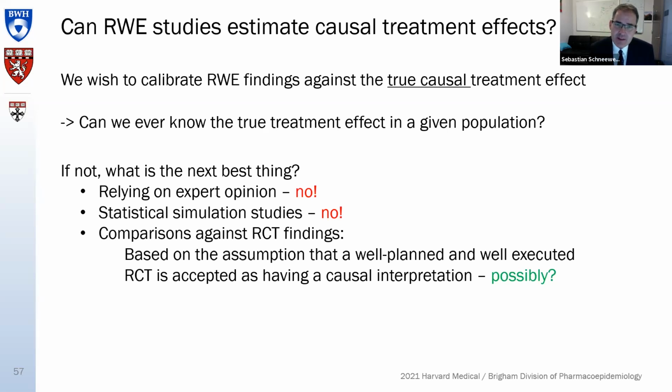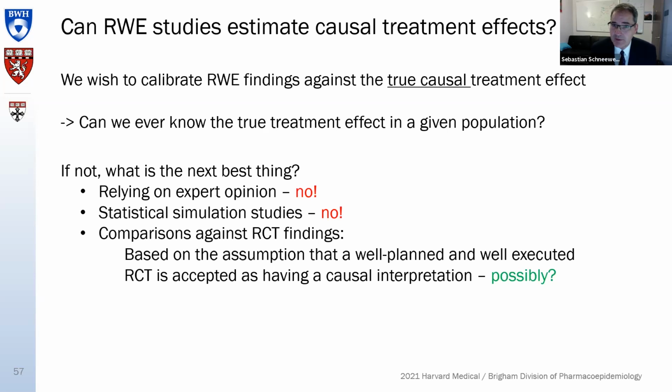So the next best thing might just be that we compare against randomized controlled trials, assuming that a well-planned and well-executed randomized controlled trial is accepted as having a causal interpretation about the treatment effect in the population that we're interested in.